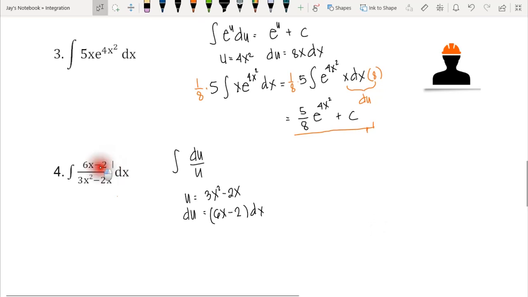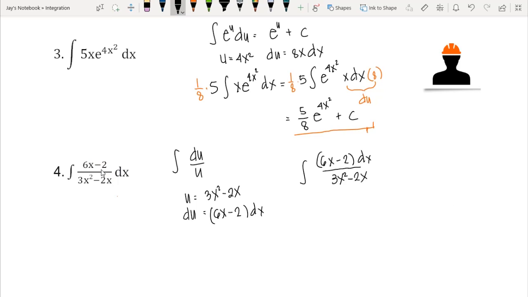Take note, if we rewrite this function, we could have 6x minus 2 dx over 3x squared minus 2x, in which this one is our u and this one is our du, which satisfies the required du from deriving 3x squared minus 2x, that is 6x minus 2 dx. So in this case, we do not need to introduce a multiplier.